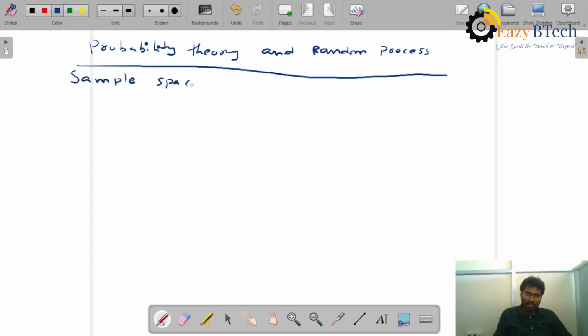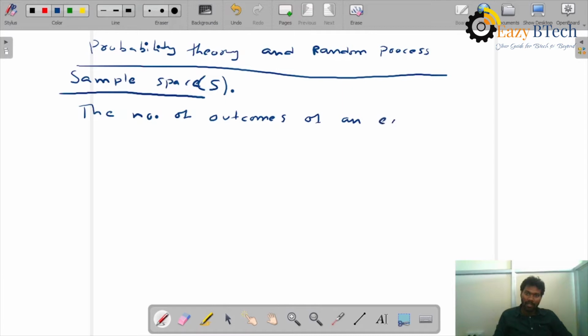The sample space is always indicated by a capital letter S. The definition of the sample space is the number of outcomes of an experiment.